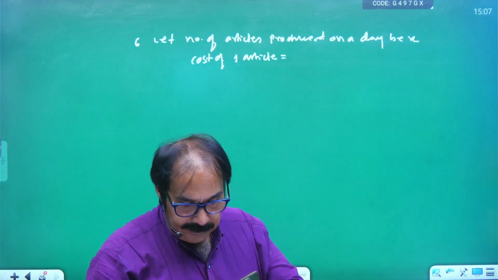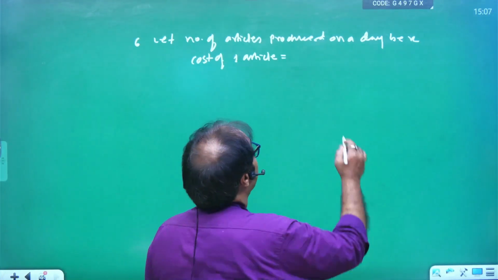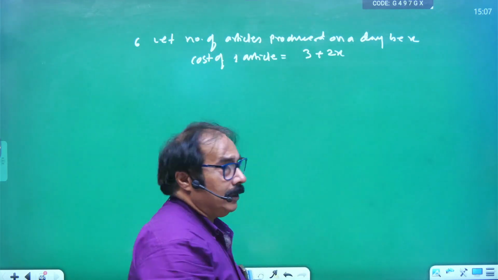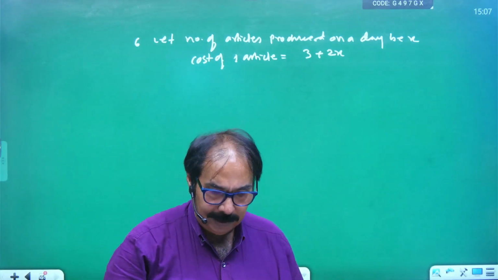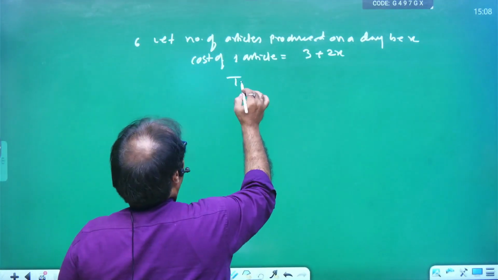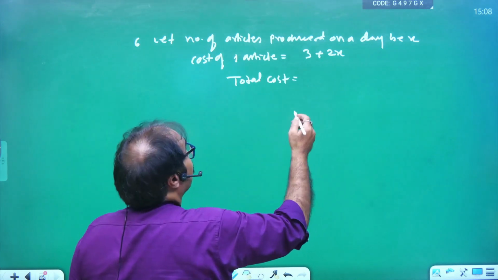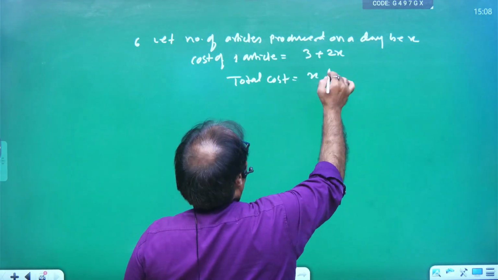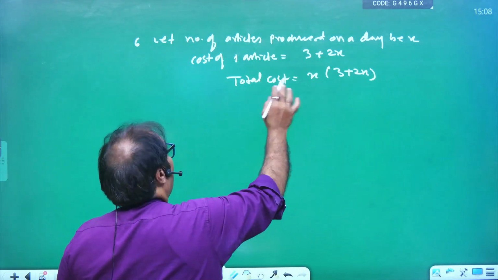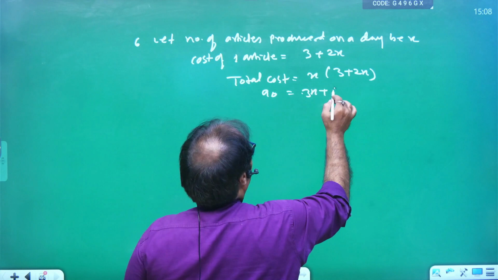The cost of each article was rupees 3 more than twice the number of articles produced on that day. So 3 plus 2x. Total cost, what will be the total cost? x multiplied by 3 plus 2x, as I just gave the example, and total cost is given 90. So this is 3x plus 2x square.